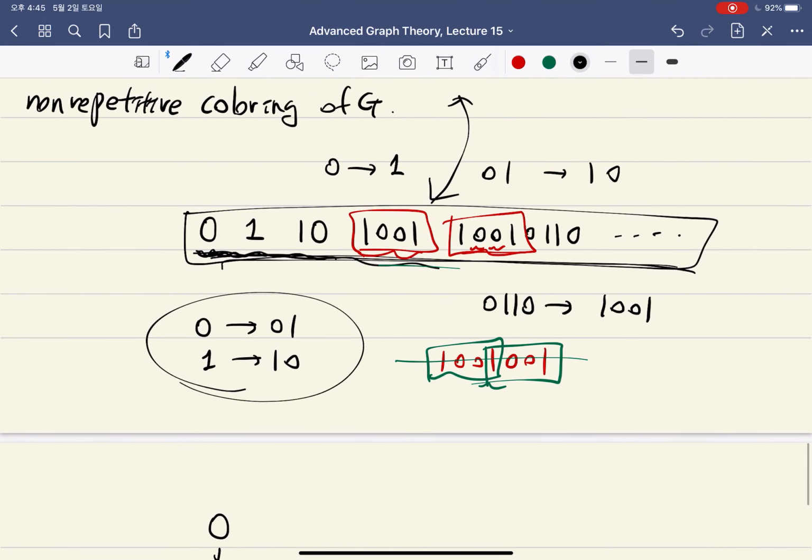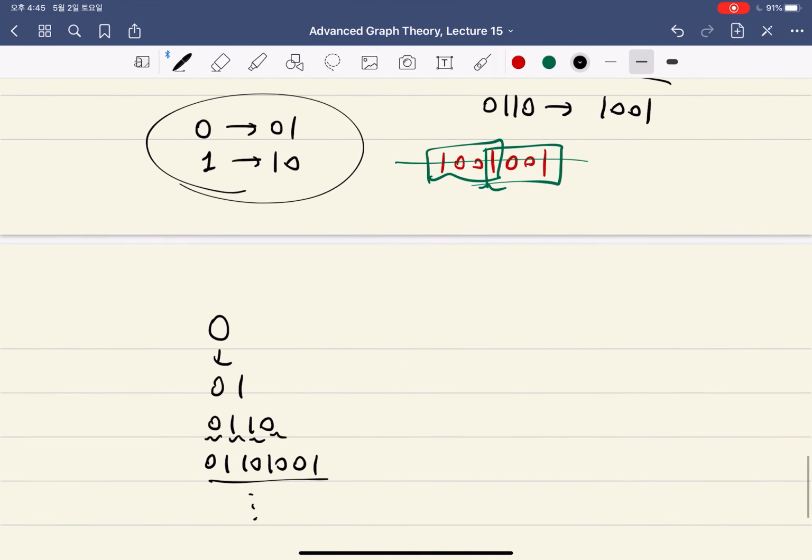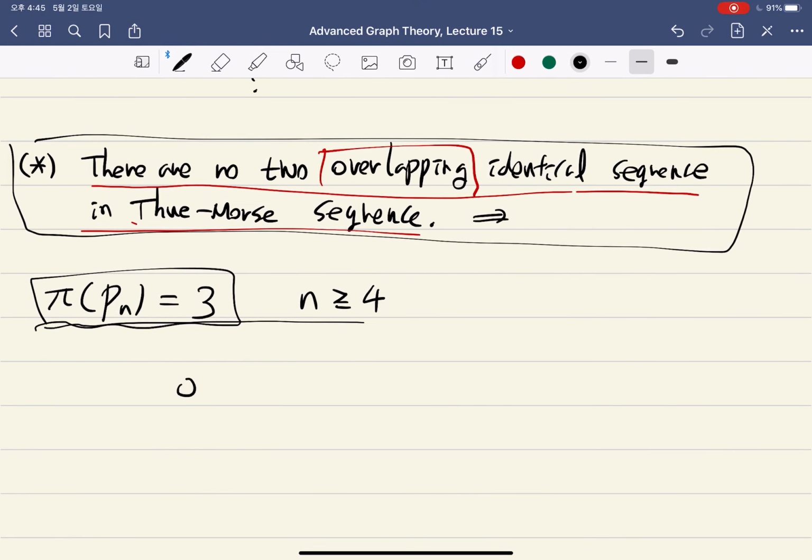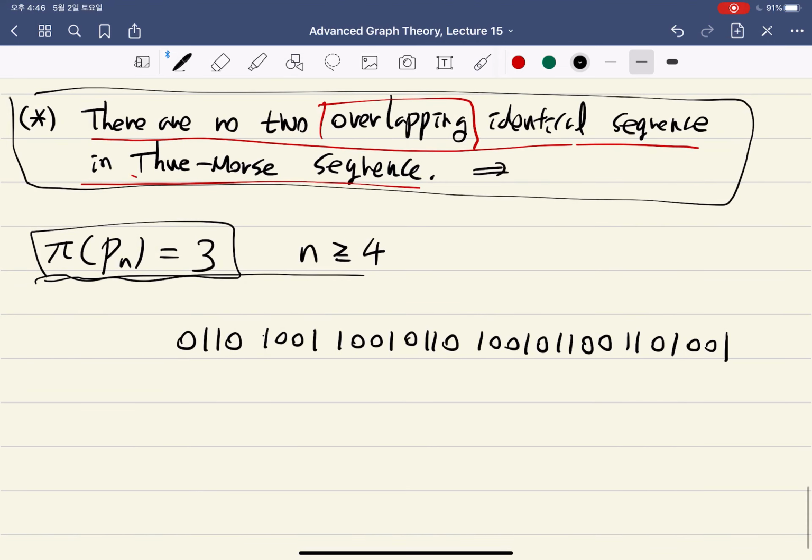Then what you can do is you take this Thue sequence, 0, 1, 0, 1, 1, 0, 0, 1, 1, 1, 0, 0, 1. So in here, what you do is you take all the zeros, and you count the number of ones between two successive zeros.